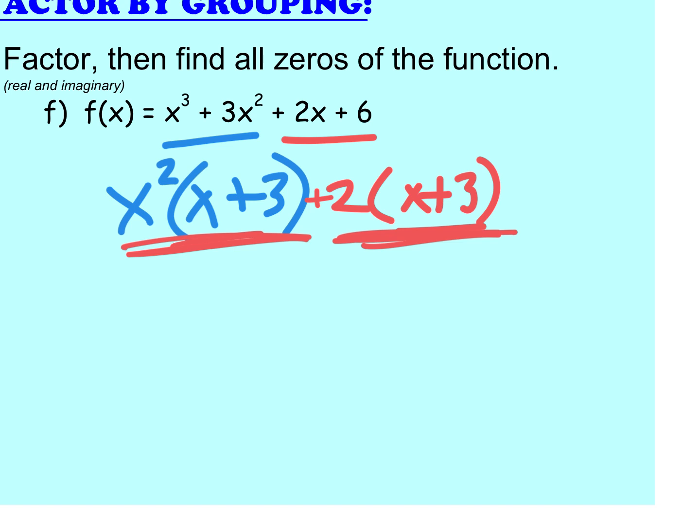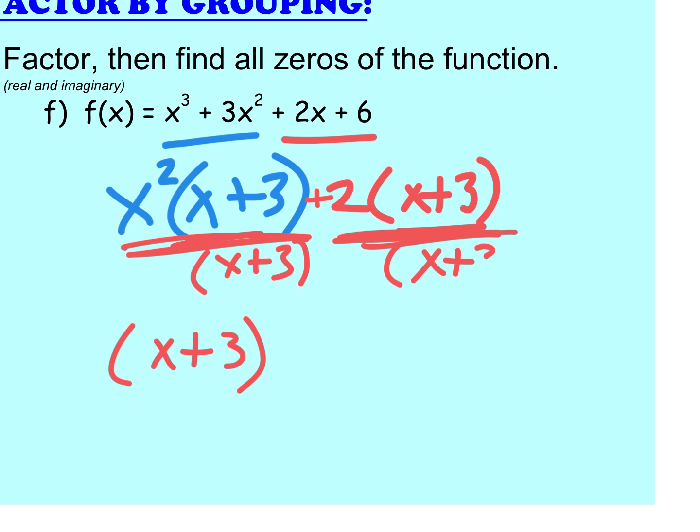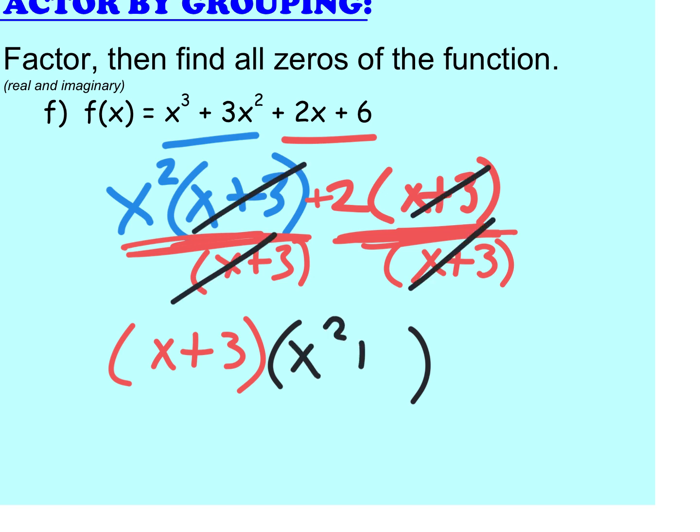And what's in common? x plus 3 is. If I divide this by x plus 3, and I divide this by x plus 3, you'll see what's left and what goes in here. Cancels, cancels. x squared plus 2. Raise your hand if you had that one right. That's called factoring by grouping.